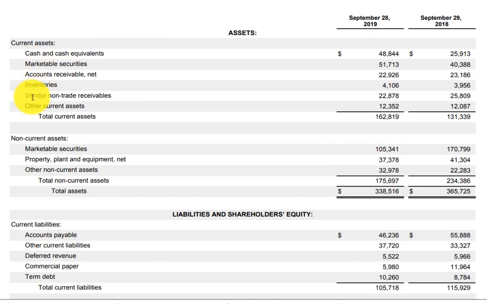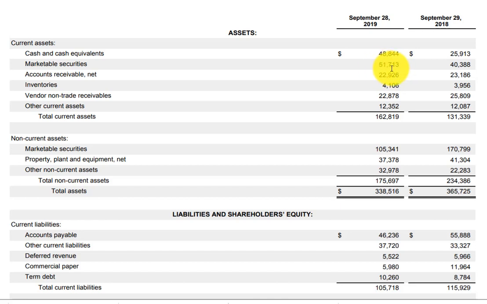We don't have to understand all the terminology to know that these are the resources that Apple controls, these assets. That's what that means. If they put it on this balance sheet, as of September 28, 2019, they had control of $48.8 billion in cash and cash equivalents.